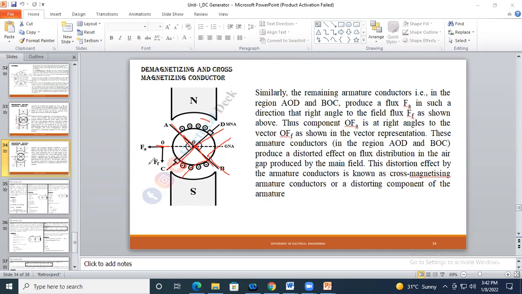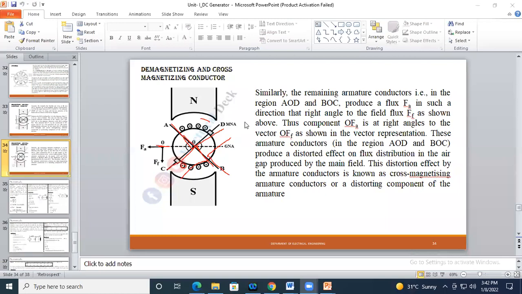So these are the two effects we have discussed: the demagnetizing effect of armature reaction and the cross magnetizing effect of armature reaction. After that we discussed the demagnetizing conductor, the cross magnetizing conductor, and the remedies to overcome armature reaction. The first remedy is by using a compensating winding, and the second is by using the interpole or commutating pole technique.